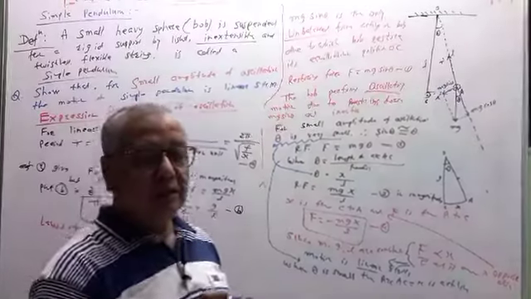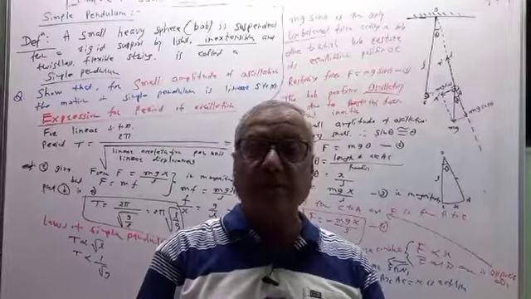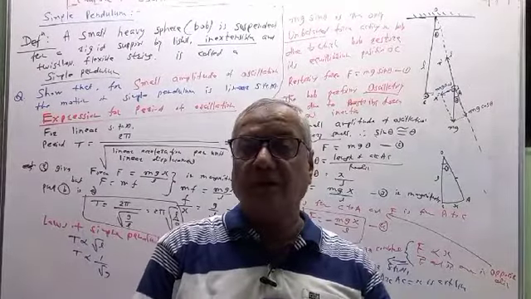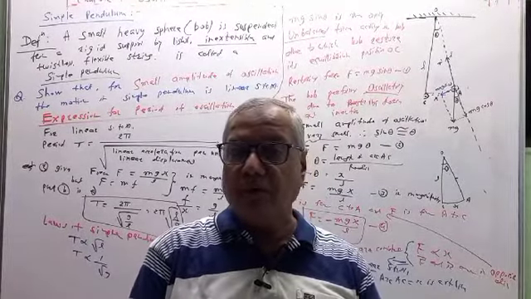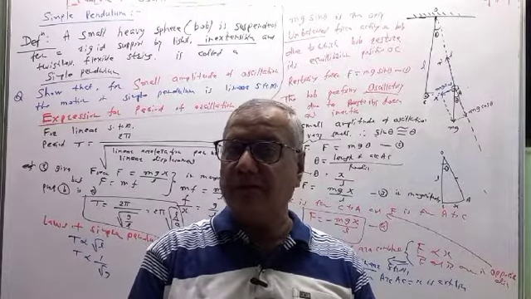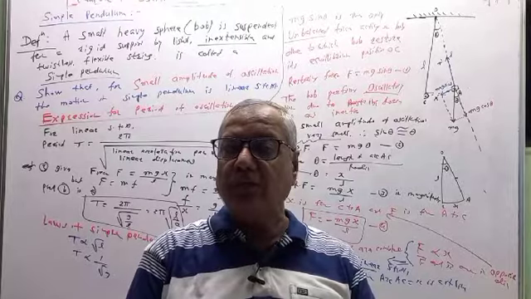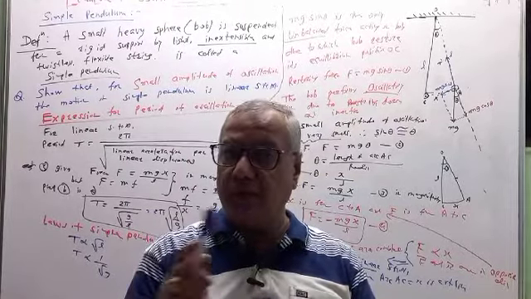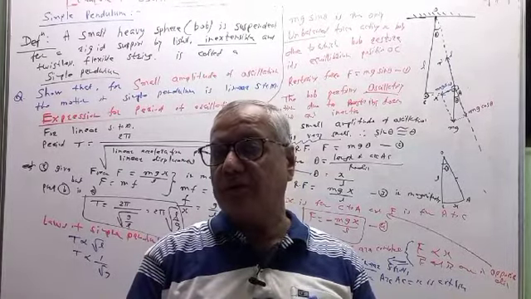Actually, g is the gravitational acceleration at the Earth's surface. The average value we use is 9.8, but that is not always the case. In gravitation last year, we have seen that the value of the gravitational acceleration is not the same everywhere on the surface of the Earth.